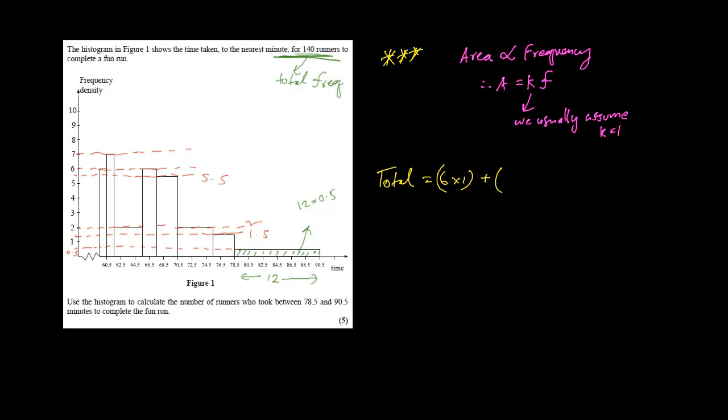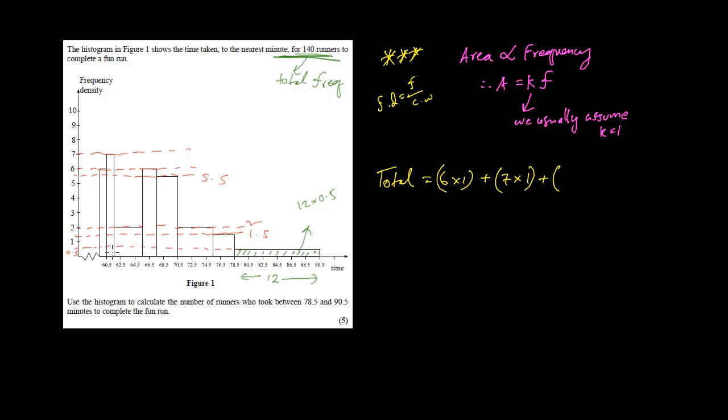Remember, frequency density equals frequency divided by class width, so the frequency can be found by multiplying the frequency density with the class width. That's what we're doing. The next bar is 1 unit, because this is 60 to 62.5, this is 2 units, so this is 1 unit. So this is 1 times 7, where 7 is the frequency density.